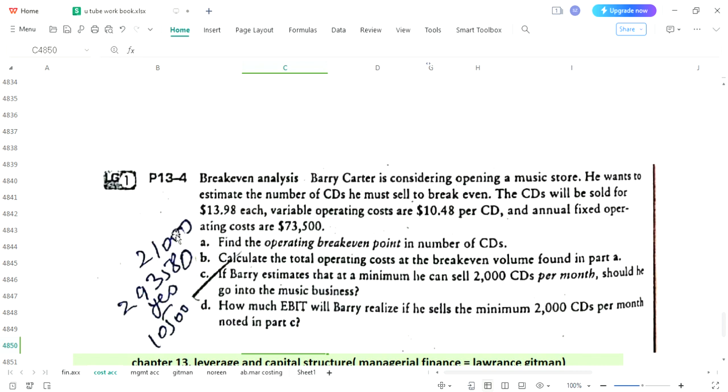I am expecting that the students who are listening, or the managers who are trying to understand business accounting, would do the same thing after learning this. So I am requesting you to please solve this question 3 to 4 times.